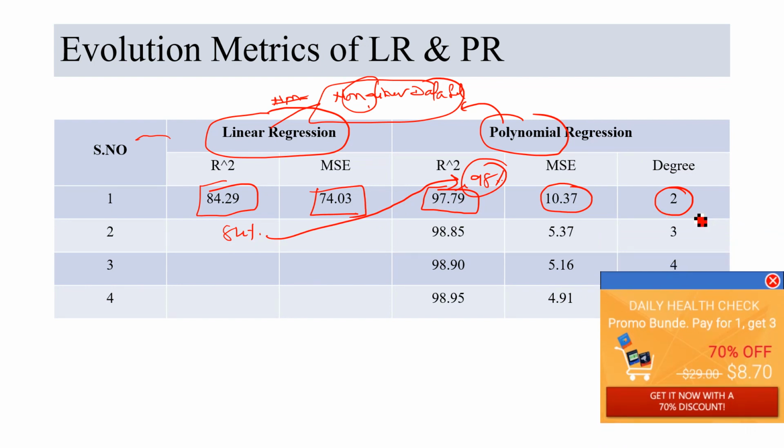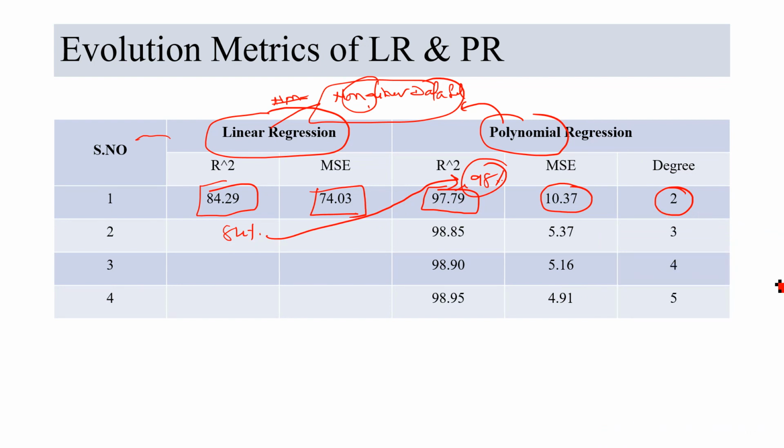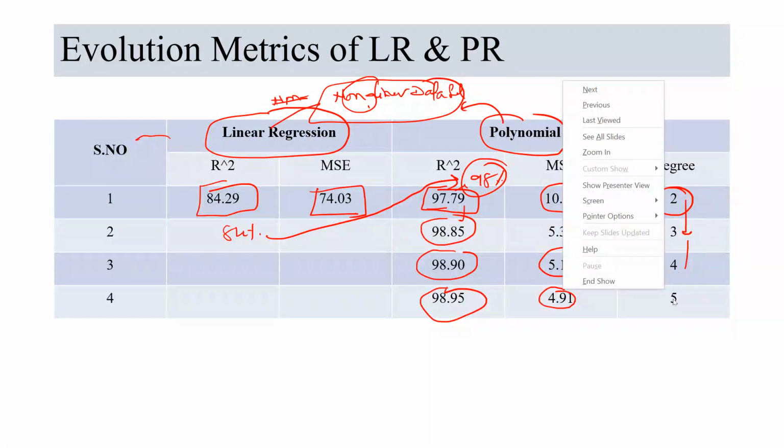Similarly, if you increase the degree from 2 to 3, the accuracy increases from 97.79 to 98.85, and the error decreases from 10 to 5. If the degree is increased from 3 to 4, R square also increases and the error decreases. And from degree 4 to 5, it goes from 98 to 98.95, and the mean square error will be 4.91.